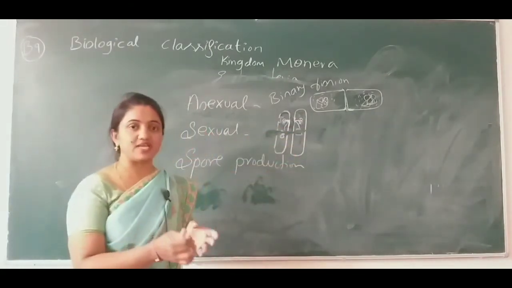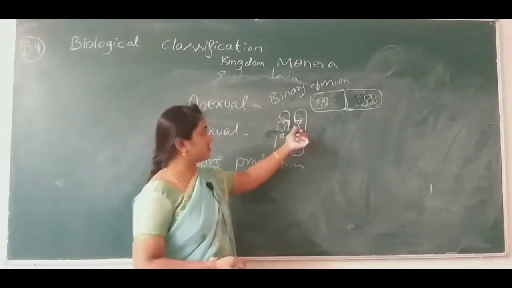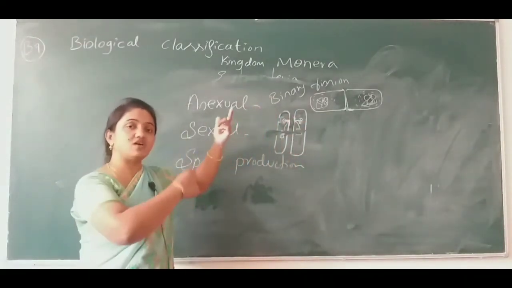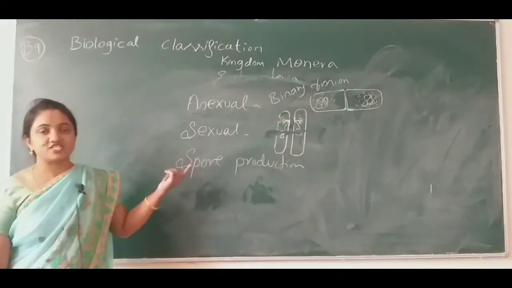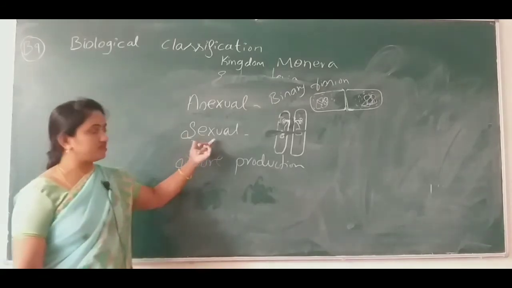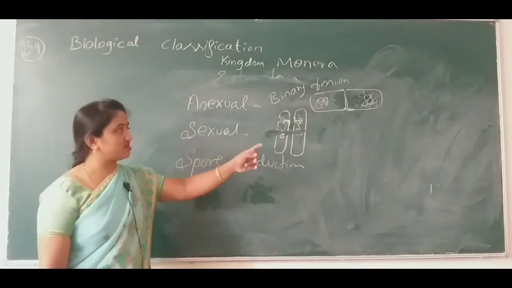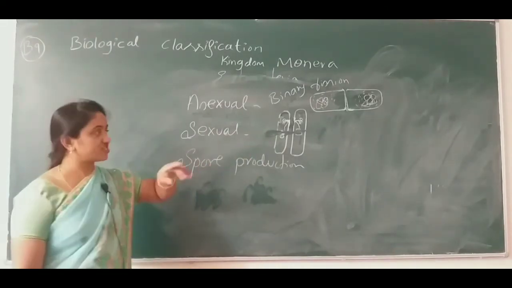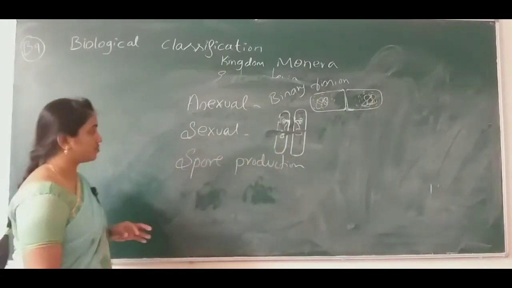So this is how they transfer the DNA from one bacterium to another. Only here the DNA transfers, and then the bacteria divide. We can call this type of reproduction sexual reproduction, because they are crossing with some other bacterium's DNA. That's why we cannot call this asexual, we call this the sexual mode of reproduction.